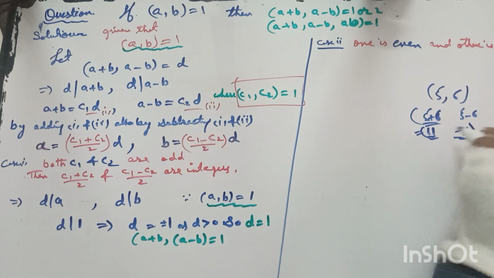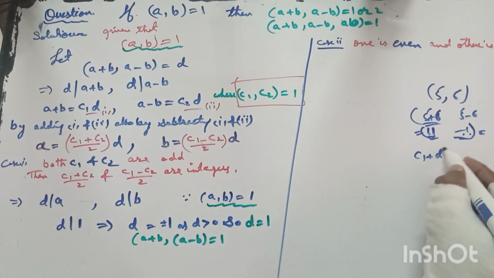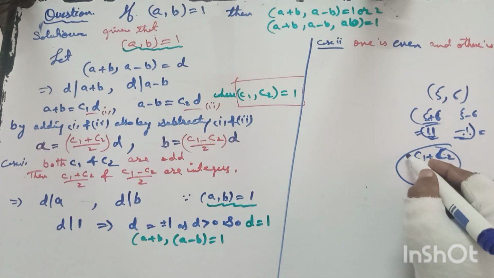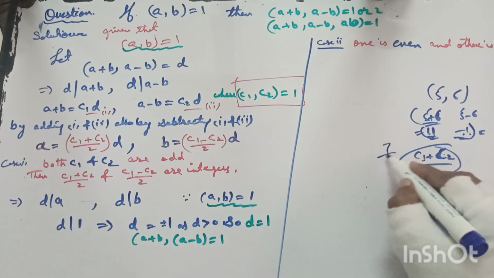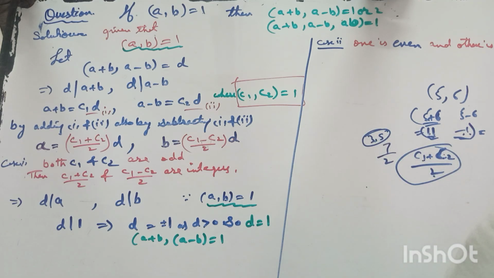And if they are odd, then (C1 plus C2) by 2 is not an integer. Why? Because if their sum is an odd number and is divided by 2, I have a decimal, but in number theory we don't have any decimal numbers or fractions.